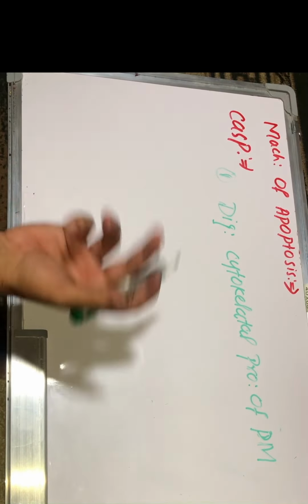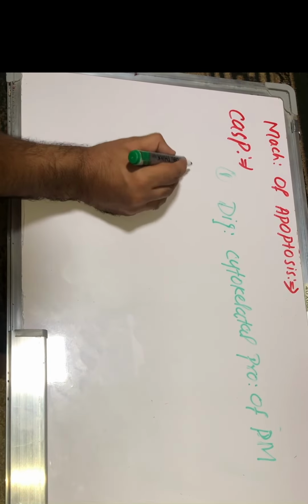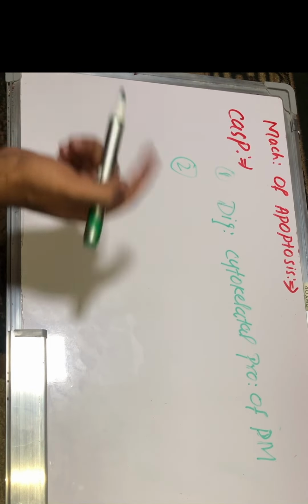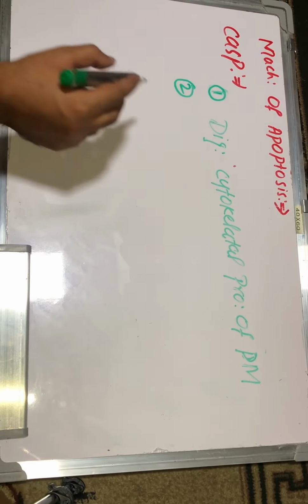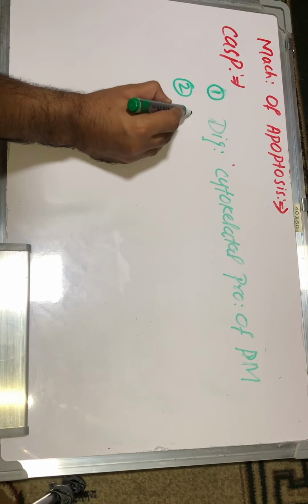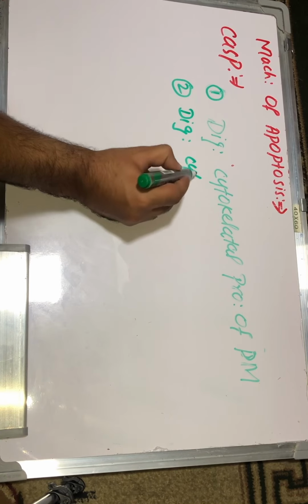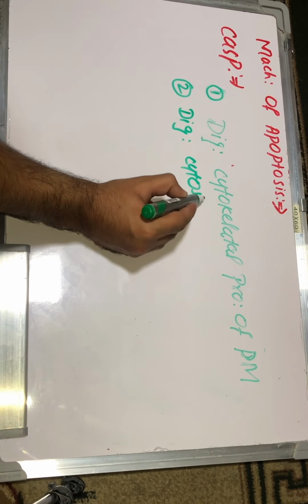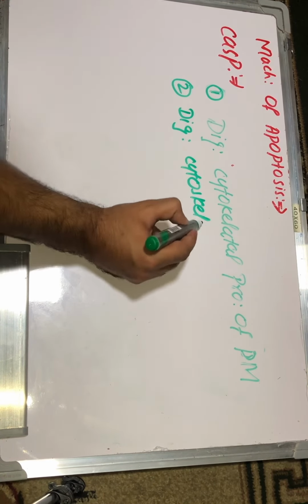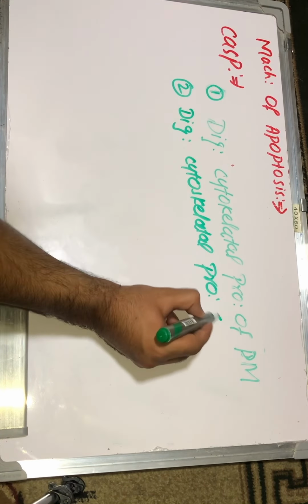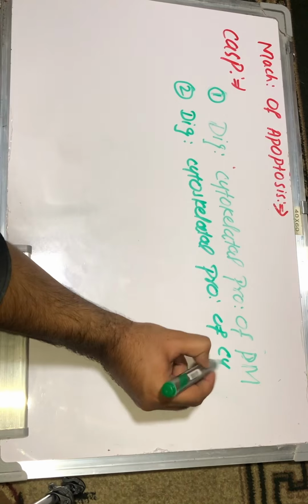Cytoskeletal proteins are those proteins that give structure to the plasma membrane. Number second, caspases will digest cytoskeletal protein of the cytoplasm also.